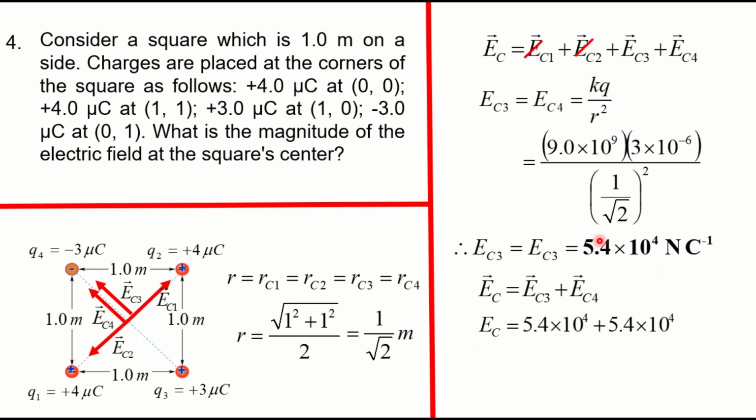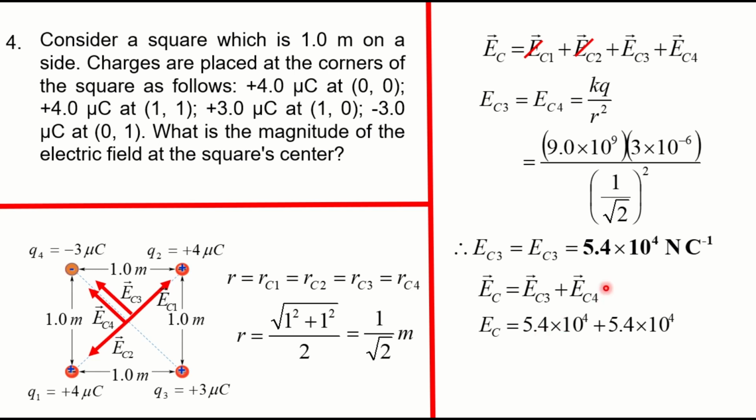When we calculate the electric field strength, we do not consider whether it's positively or negatively charged. Since Q3 and Q4 are both 3 microcoulomb, E3 is equal to E4. They have the same magnitude and the same direction, so we just add them up.